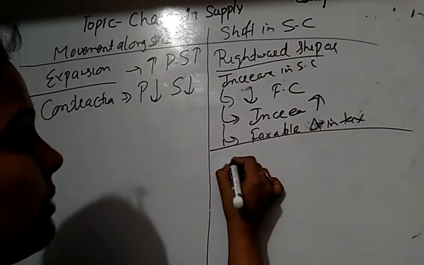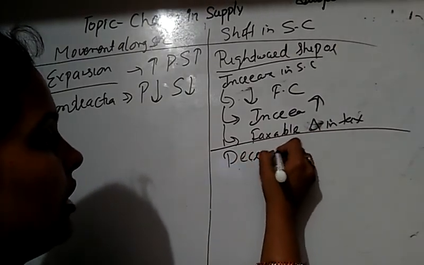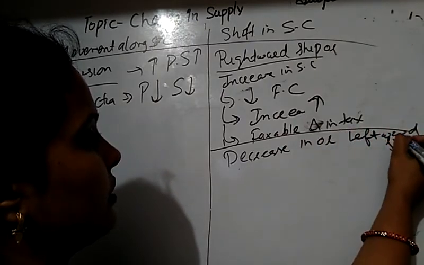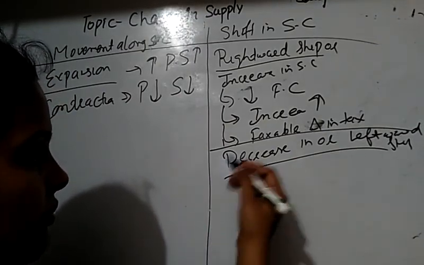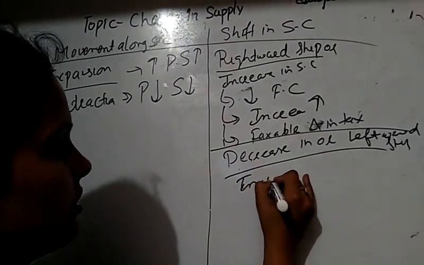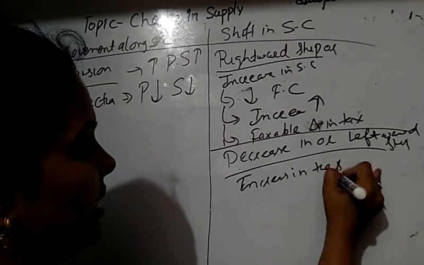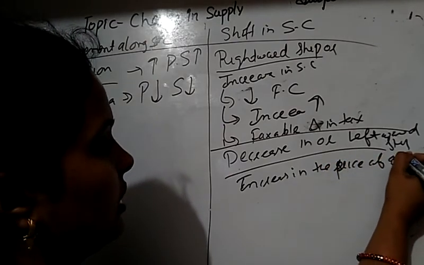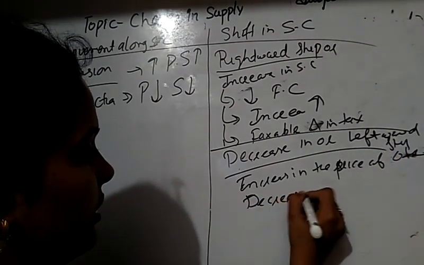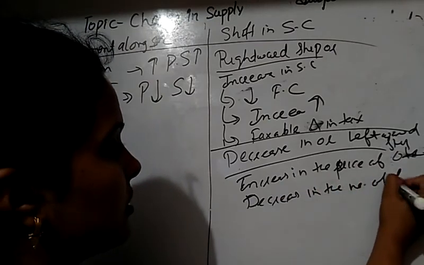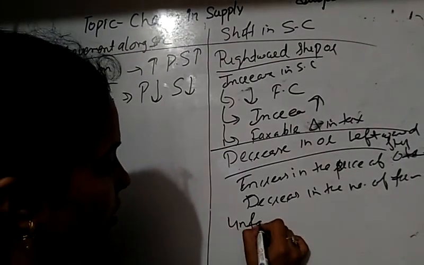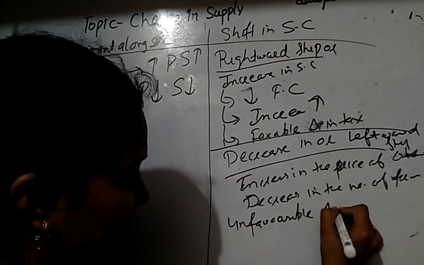Now what are the reasons that supply decreases? A decrease in supply, or leftward shift of the supply curve, can be caused by an increase in the price of other goods, a decrease in the number of firms, and an unfavorable taxation system.